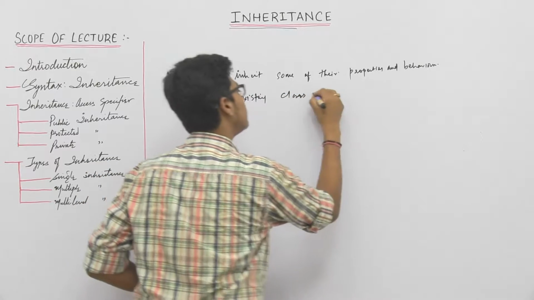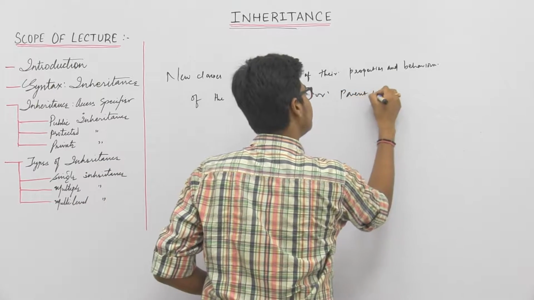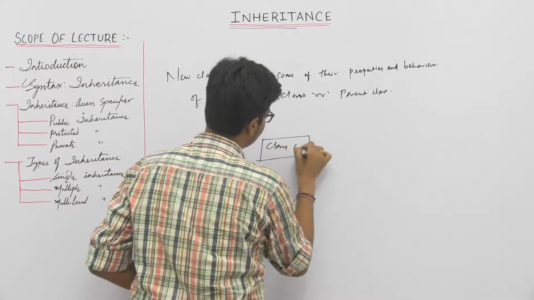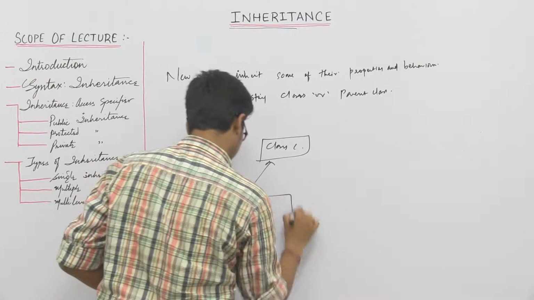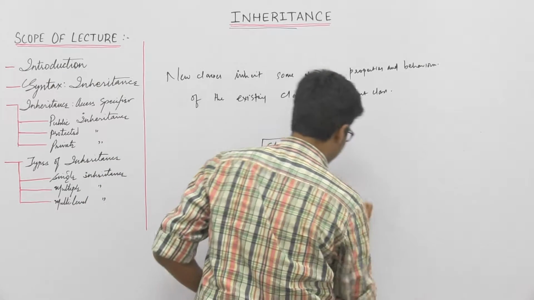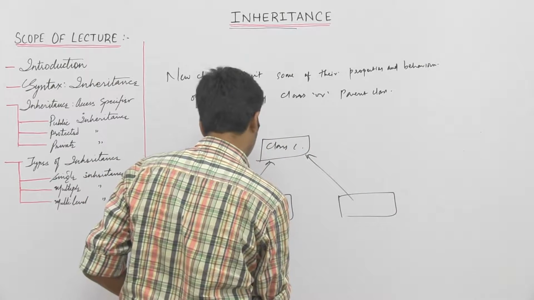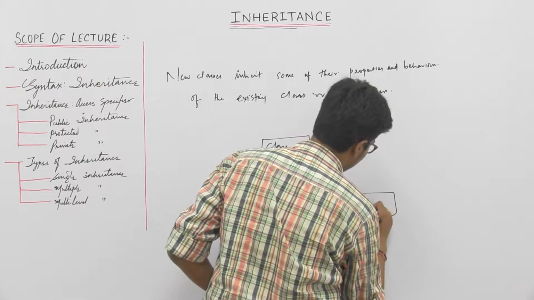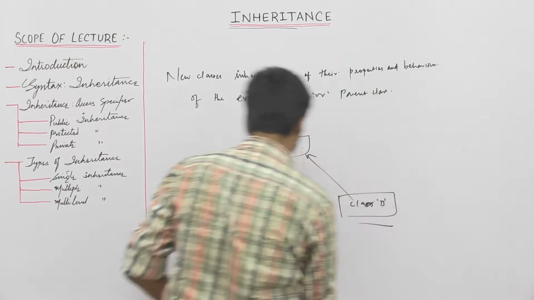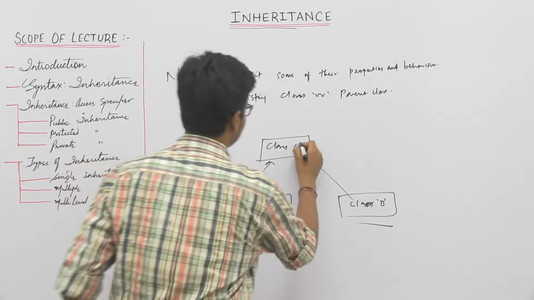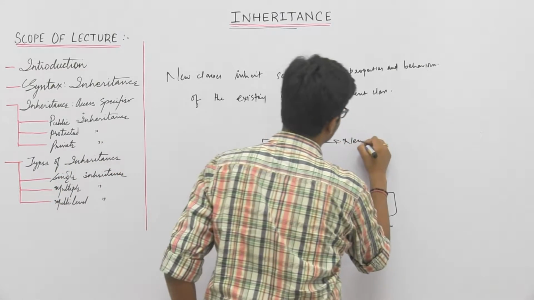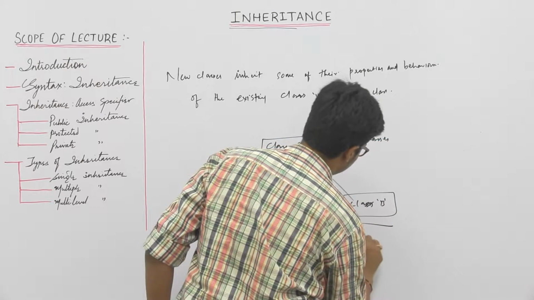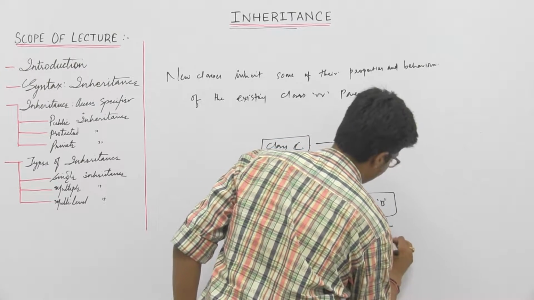Previously we saw the example of class C. It is inherited from two existing classes, A and B. So class C is a new class, and these are the two existing classes.